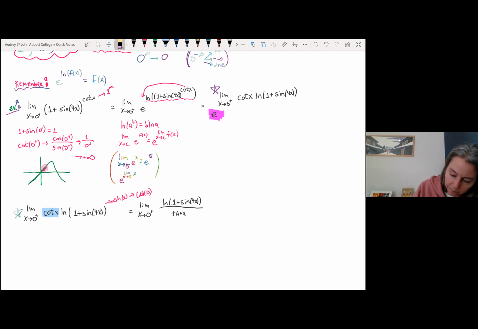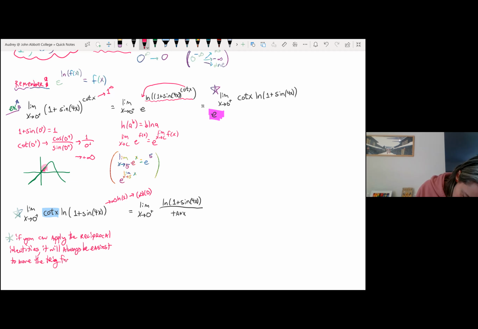Actually, we'll do this with an asterisk, to the denominator when we have infinity times 0.